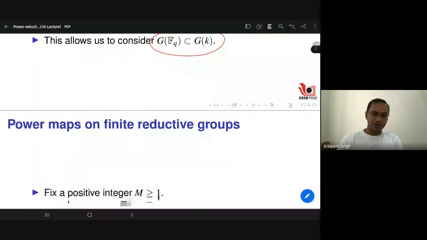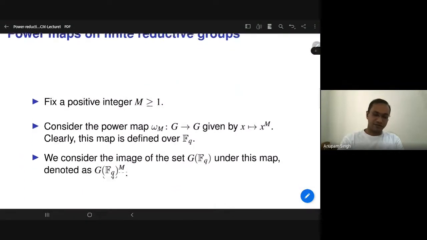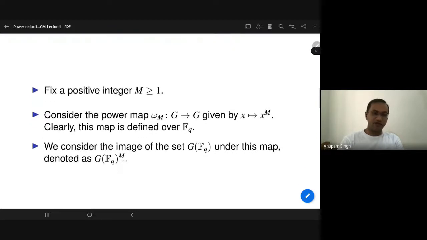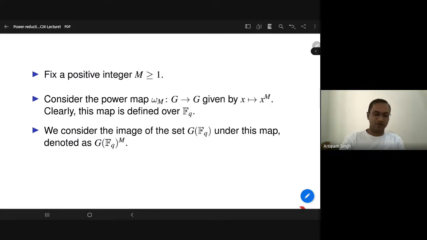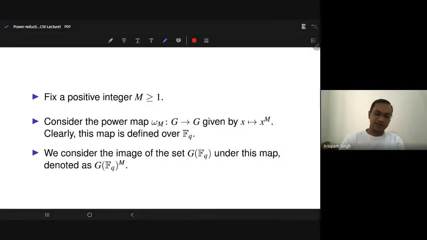Now let's talk about the main map which we are going to deal with, the power map. So I fix an integer m, where m is greater than or equal to 1, and whenever I fix an integer, I can define a map which I call w_m, which simply sends any element x to its power x^m.